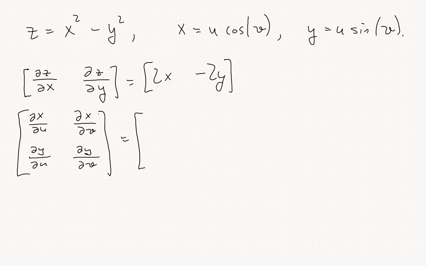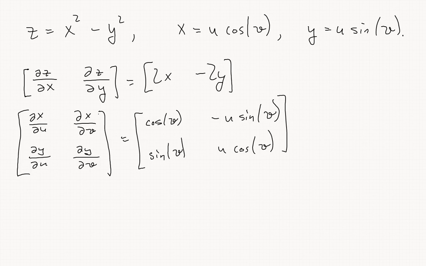These are cos v, negative u sine v, sine v, and then u cos v. And so if we multiply these out, we'll get del z by del u, del z by del v.